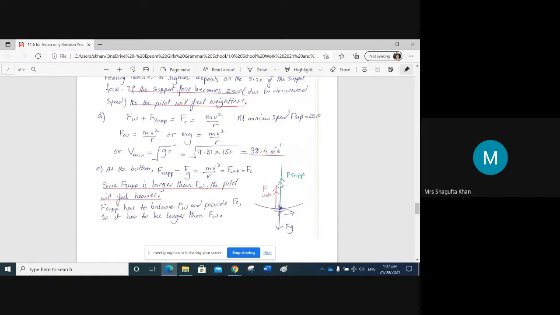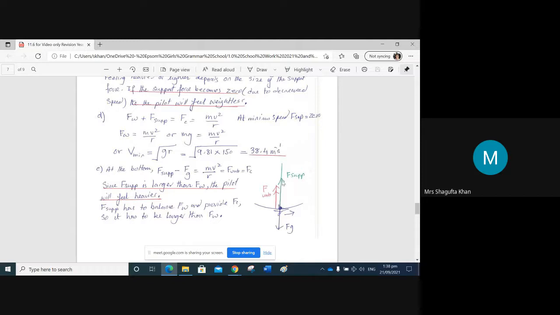Now, because this object is moving in a circular motion, there is a centripetal force. That means the centripetal force is provided by this lift force. So this lift force has to be greater than the weight, because not only is it balancing the weight force, but it is supplying centripetal force for the circular motion.